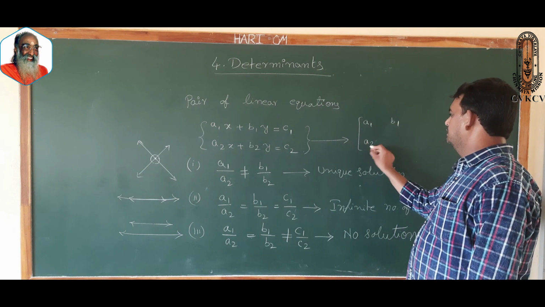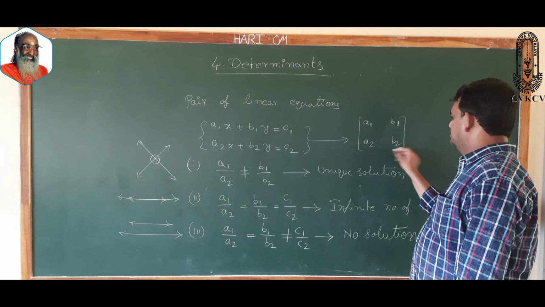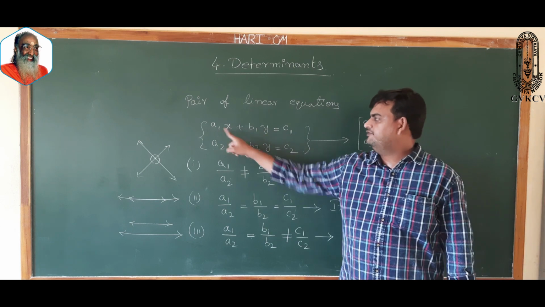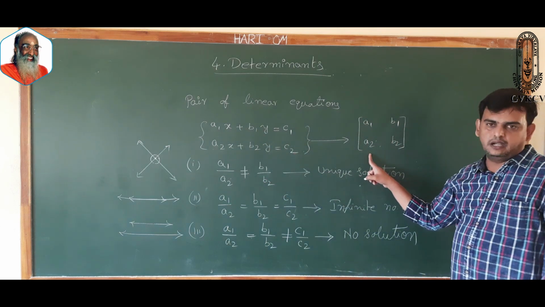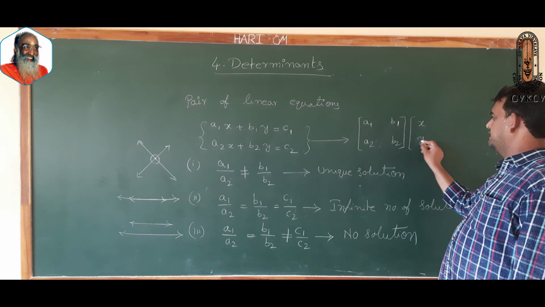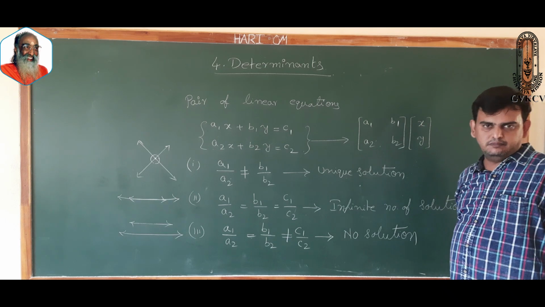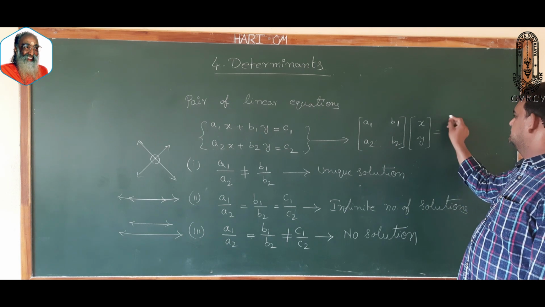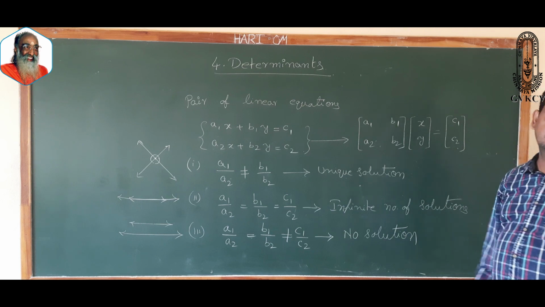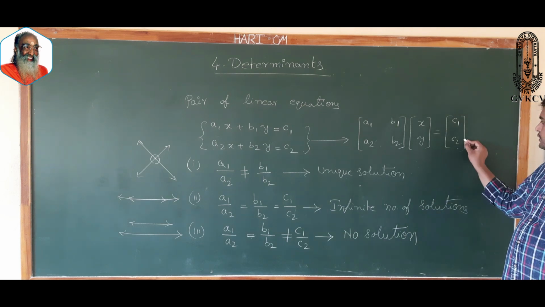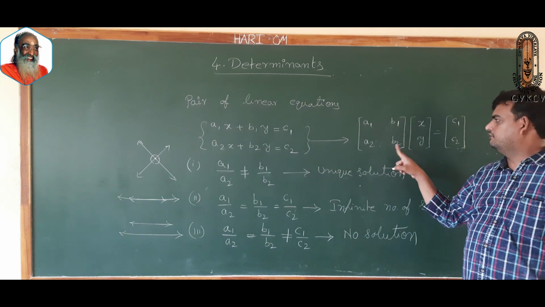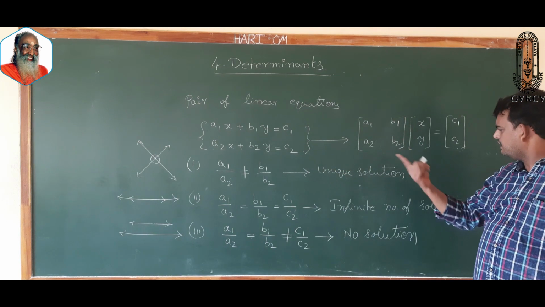b1, a2, b2. Here x and y are the variables. The coefficients we consider as a matrix, and the variables x and y we write as a matrix, and the constants c1, c2 are also a matrix. So the pair of linear equations can be converted into matrix form.